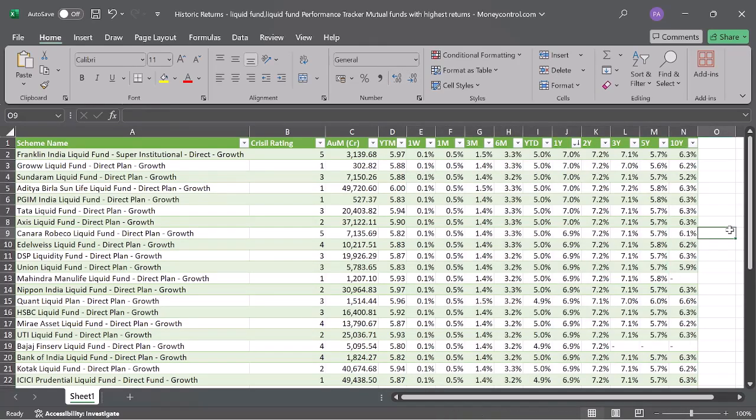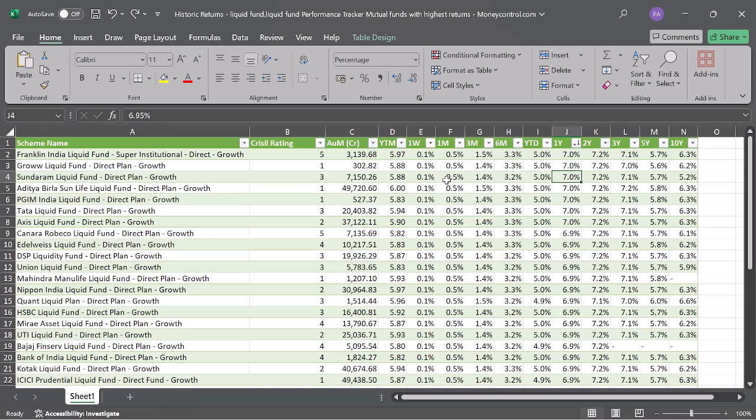Okay, so this is up to 2 decimal places. Let me see if there is further scope here. Okay, let it be up to 1 decimal place. So which fund has given you the maximum return in a 1 year time frame?